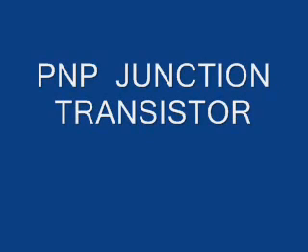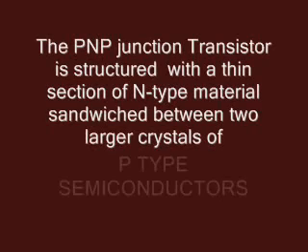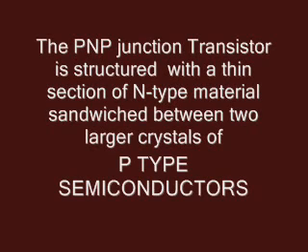PNP junction transistor. The PNP junction transistor is structured with a thin section of N-type material sandwiched between two larger sections of P-type semiconductors.